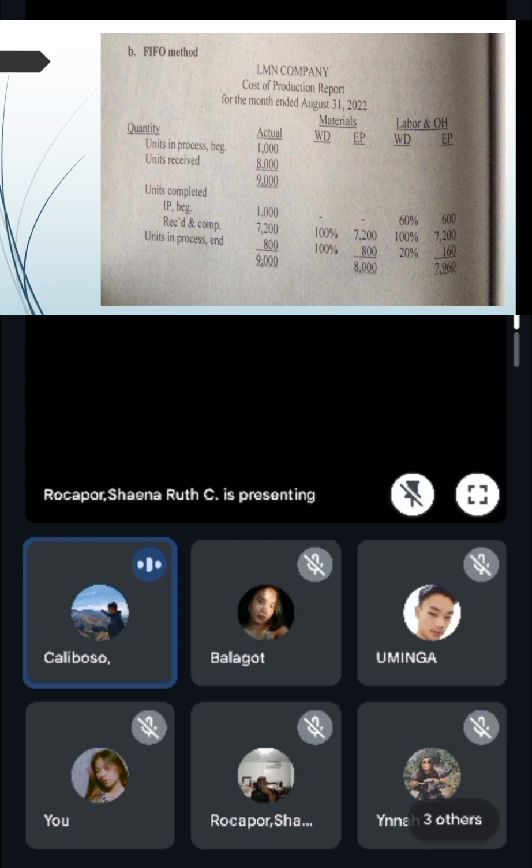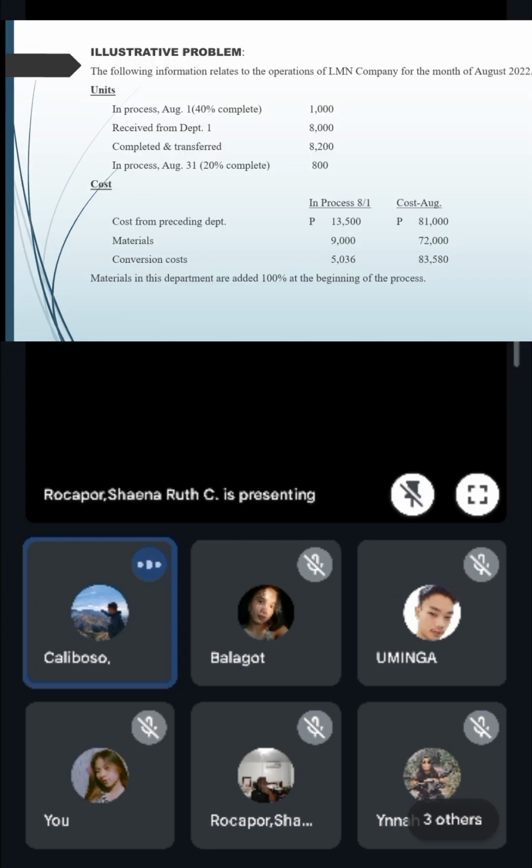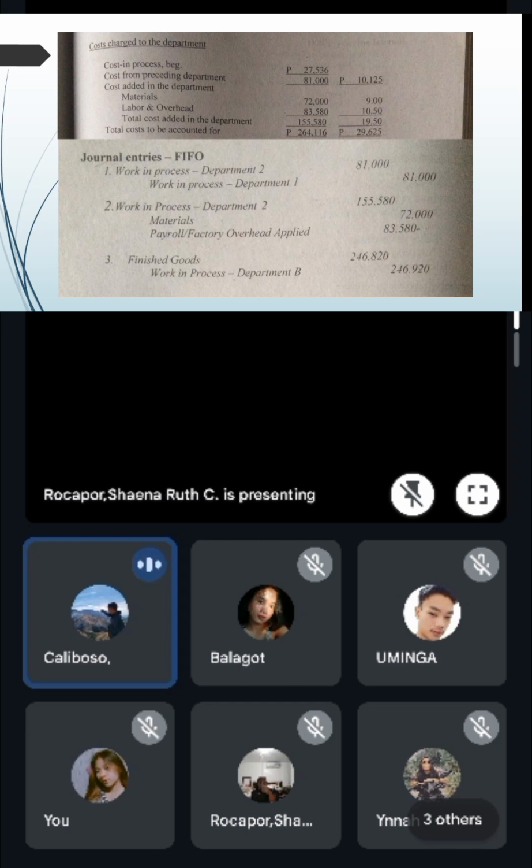So, paano ko yung 20%? So, balik na naman tayo doon sa una. 20% lang yung complete. So, 20% ng 800 is 160.